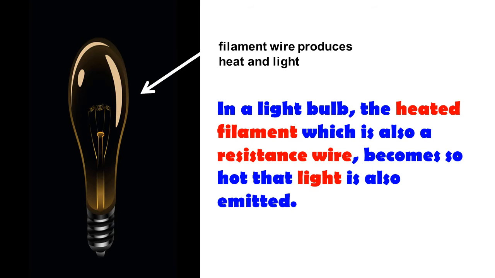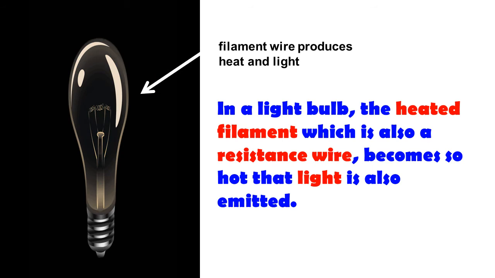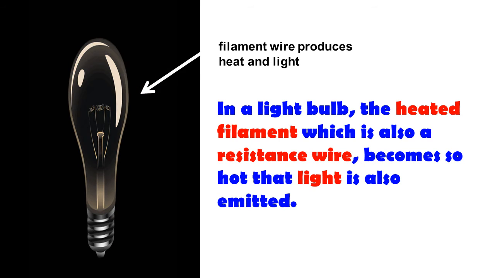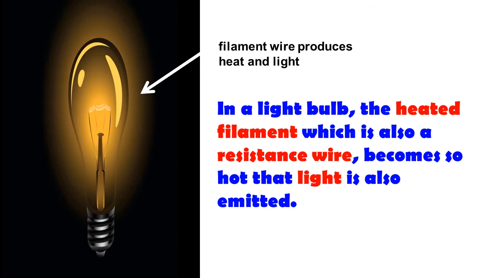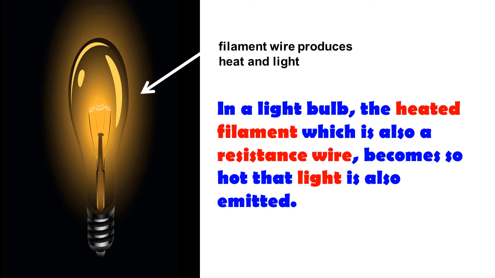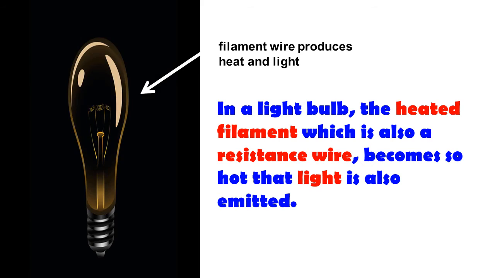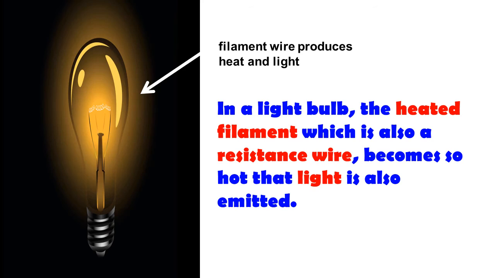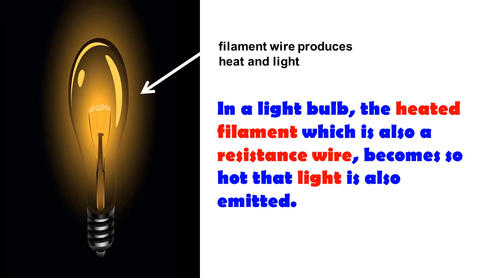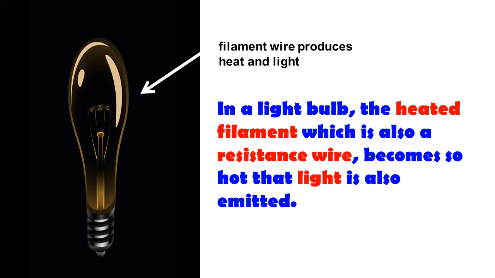Inert gases are commonly used nowadays, and the tungsten wire is known as the filament. When the current flows through the tungsten wire or filament, it becomes heated and emits light. Due to the flow of current, the heating effect of an electric current is used as a source of light.